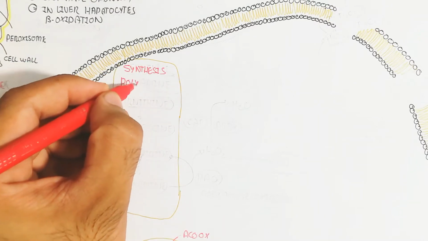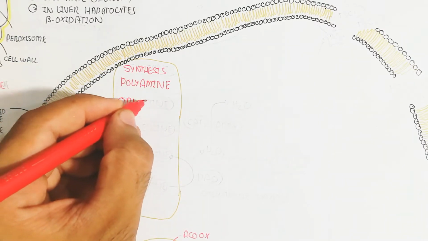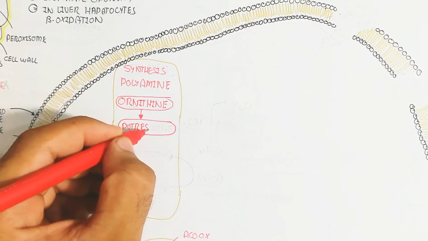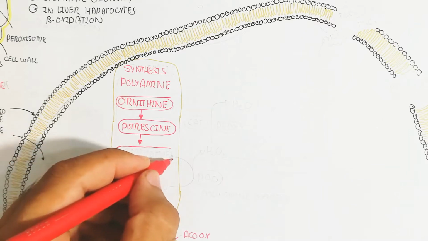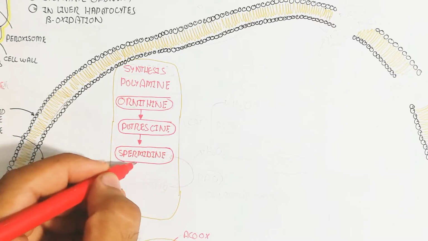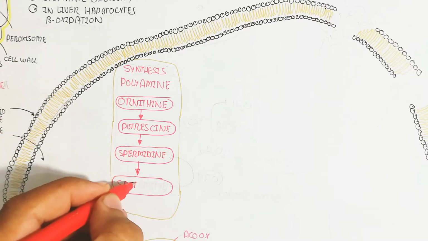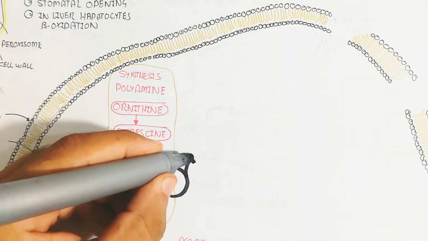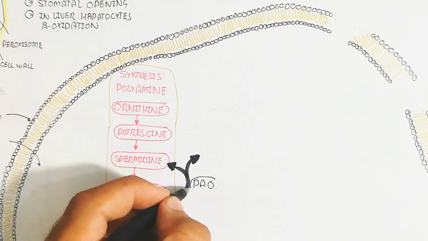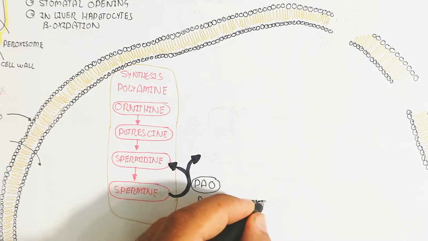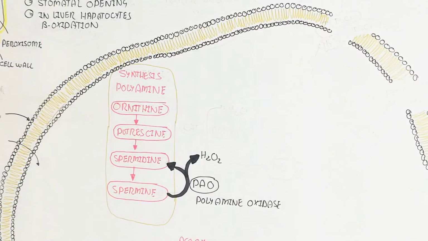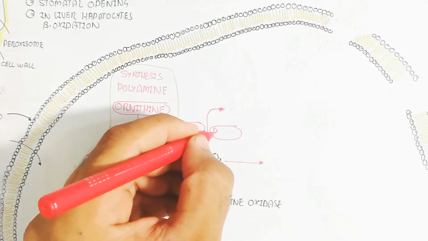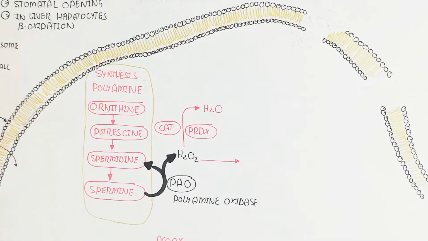This is the synthesis of polyamine: ornithine, which comes from the urea cycle, is converted into putrescine, spermidine and spermine. The spermine is converted by the polyamine oxidase enzyme back into spermidine, and also produces hydrogen peroxide if there is an excess of spermine. This hydrogen peroxide will be converted into water by the catalase or peroxidase enzyme.